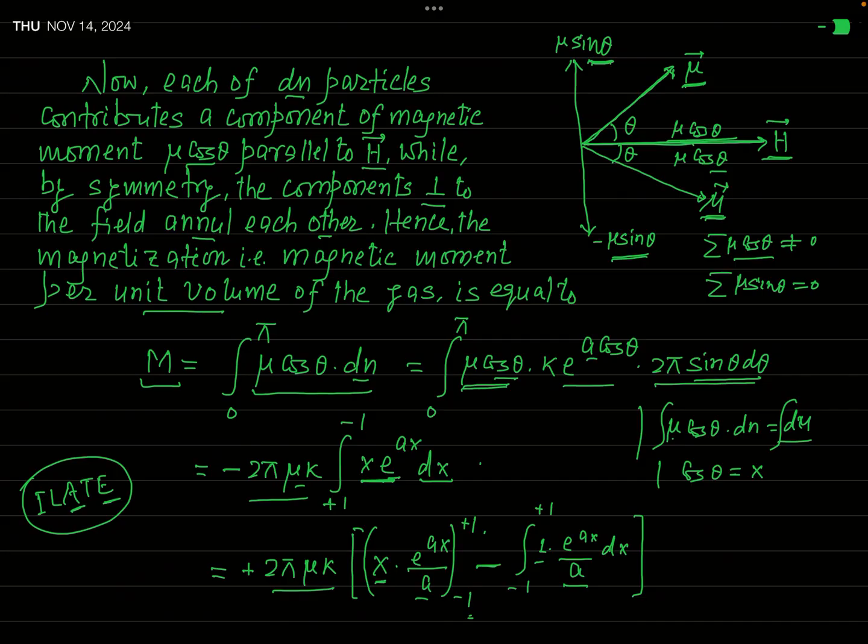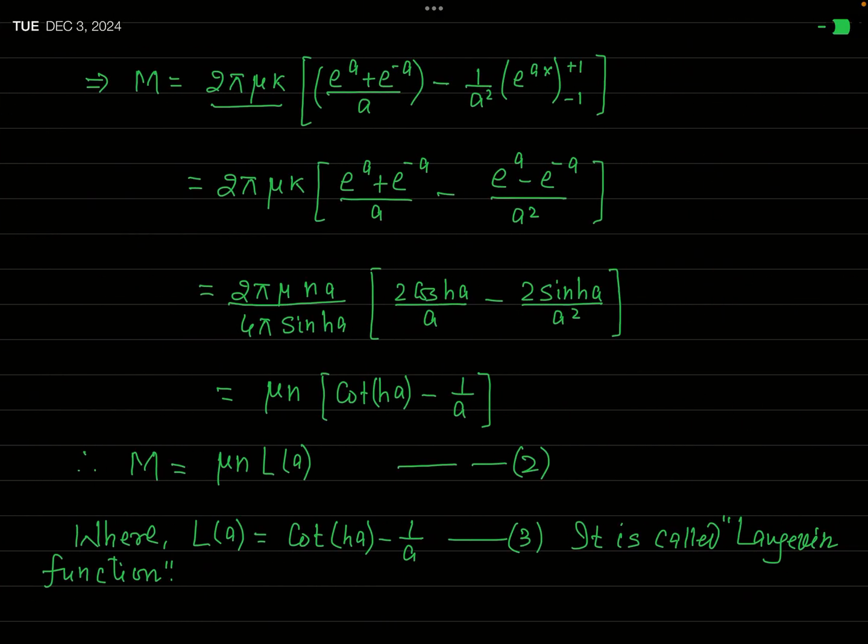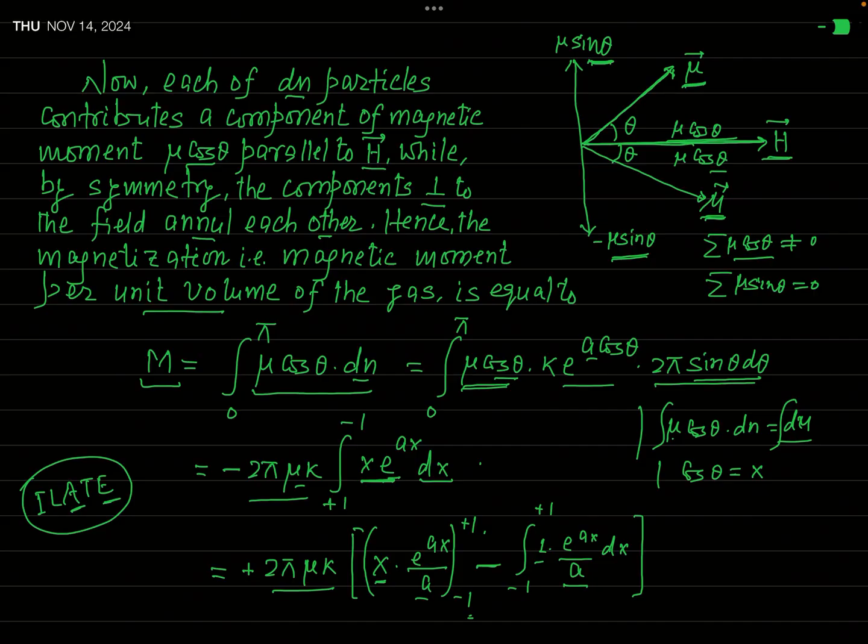But when you subtract the second term, minus minus will become plus. So after substituting the limit, the first term is e to the power a plus e to the power minus a over a.